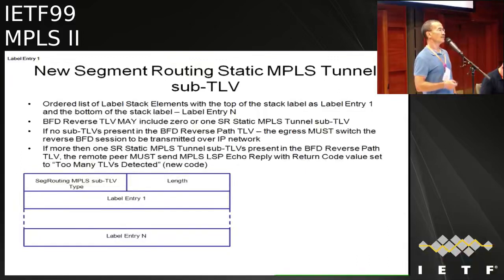So why not use an explicit label stack and pass it to the far end remote BFD node to use as a reverse path over the segment routing with MPLS domain? That's one of the proposals in this document.